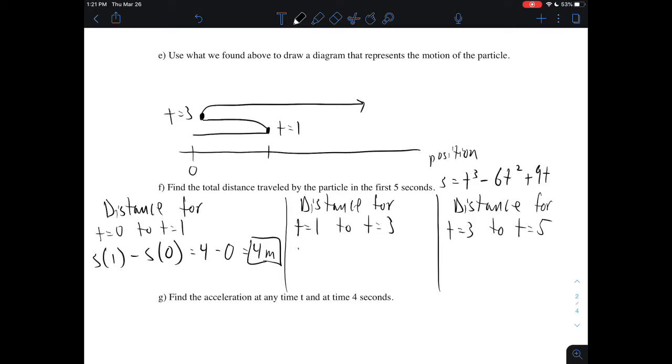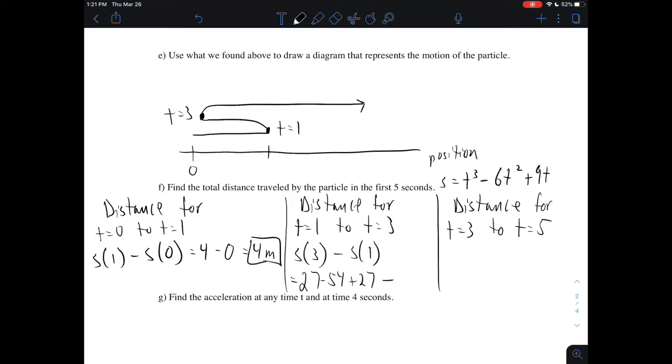Again, we would have the position at time 3 minus the position at time 1. So this is 27 minus, that's going to be 6 times 9, so 54, plus 9 times 3, so plus another 27.